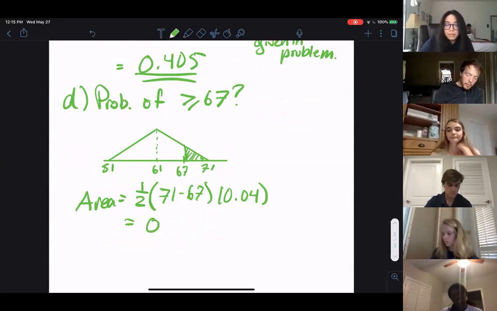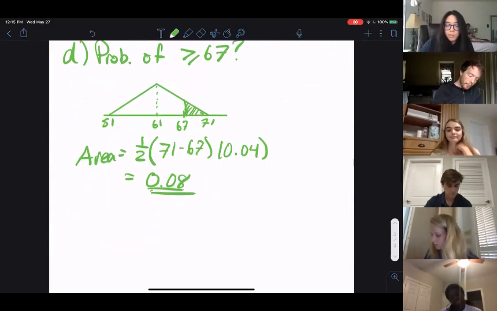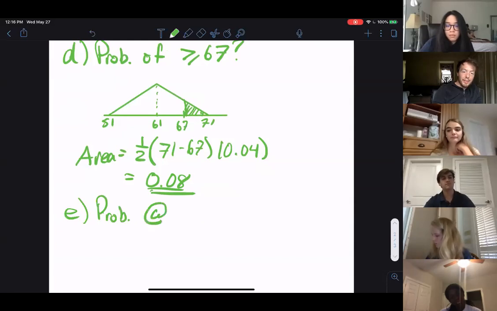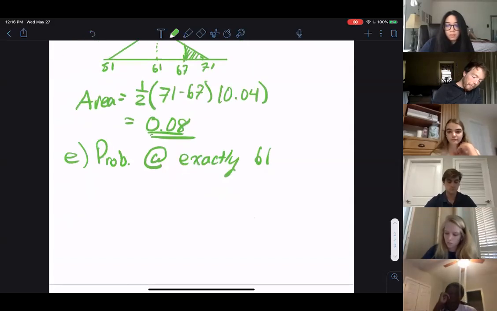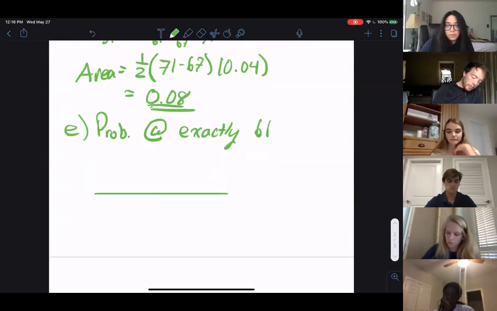This one is 0.08. Okay. Part E, what is the probability at exactly 61?